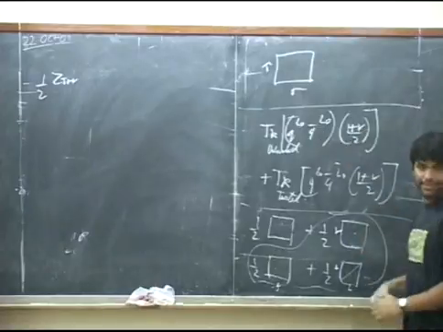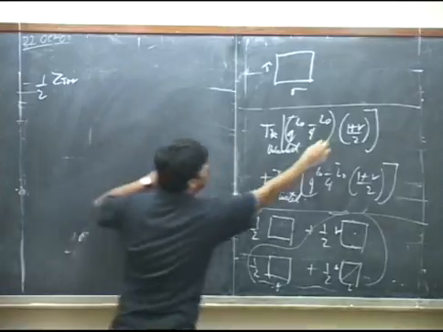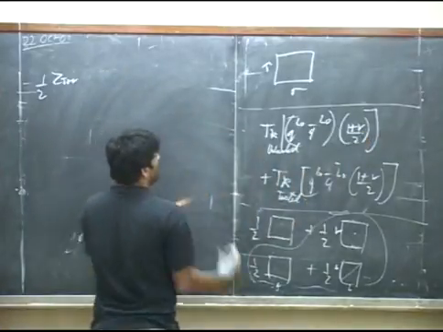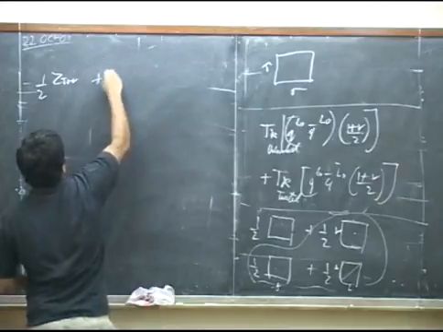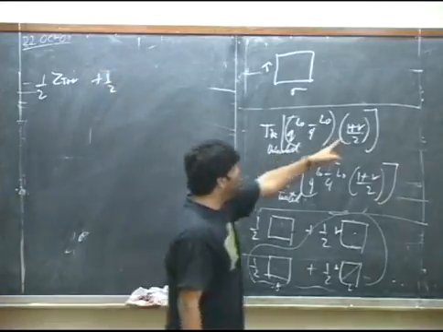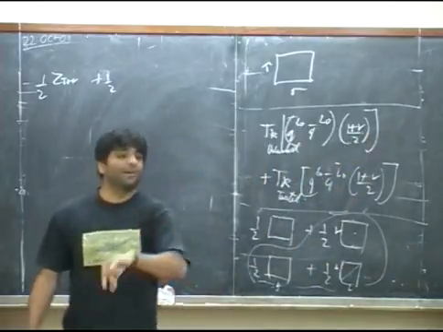What's this guy? This is we get a plus half. And then remember that this R here takes k to minus k and w to minus w.